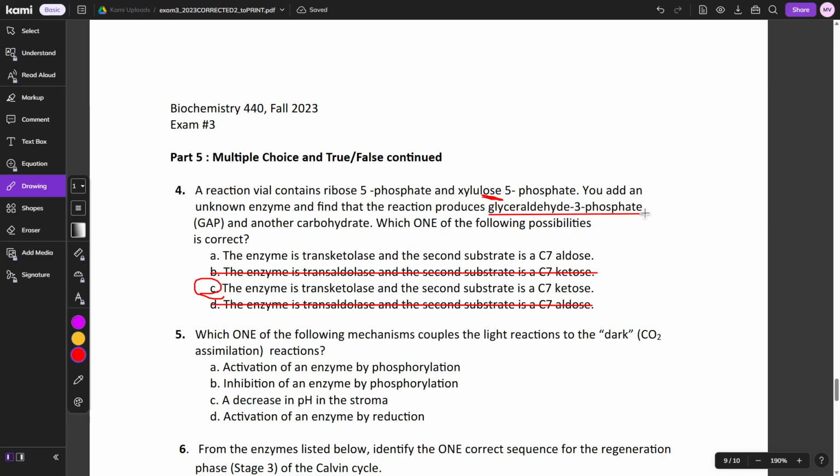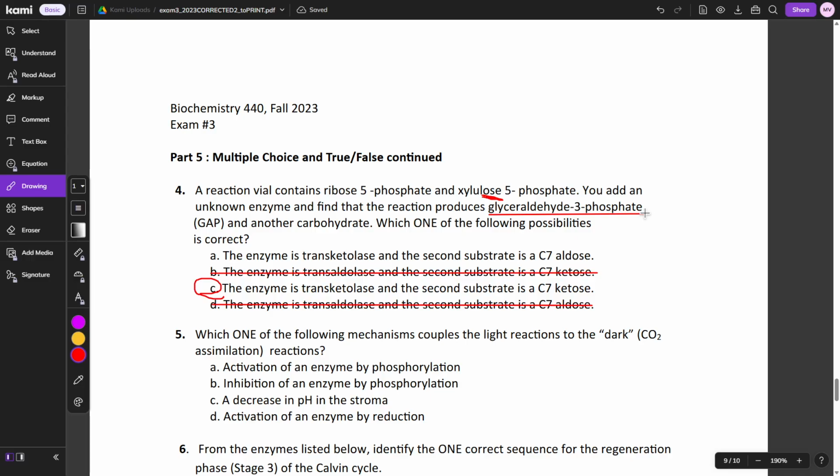Okay, so that means that you're only using one of those two to react with the glyceraldehyde? No, the point is you put two 5-carbons in, right, and you get a 3-carbon and a question mark out. You don't know what the question mark is. But you can't just delete carbon, so it has to be a 7-carbon sugar. Did you have a question as well? Yeah, do you transfer to a ketose or not?